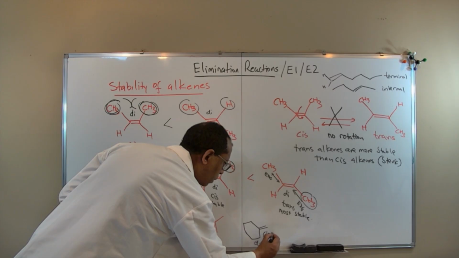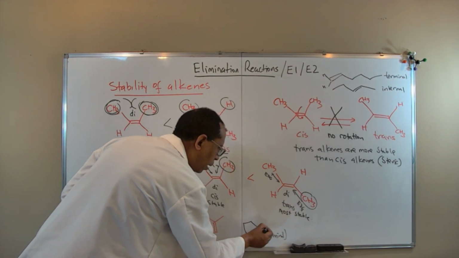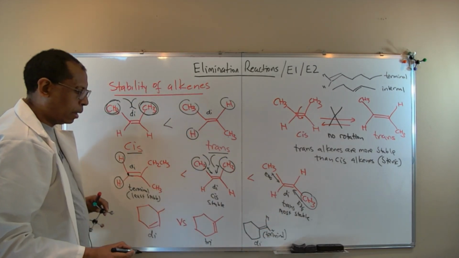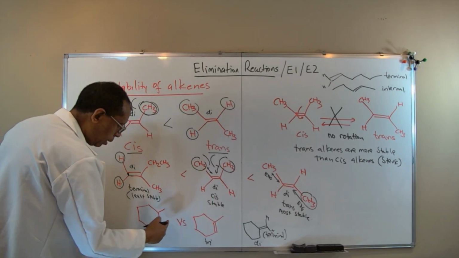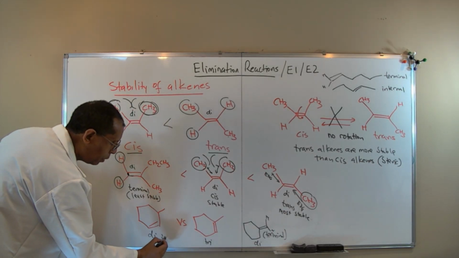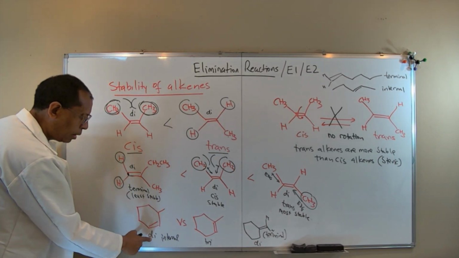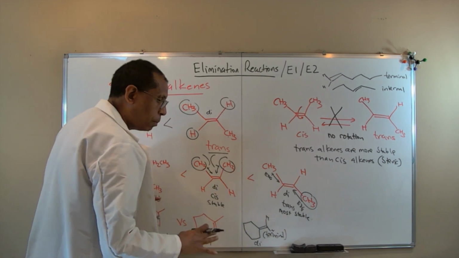Terminal because these are hydrogens. Exocyclic terminal alkene. These are internal alkenes. Internal because this is di-substituted, this is tri-substituted, this is di-substituted, but it's a terminal alkene.